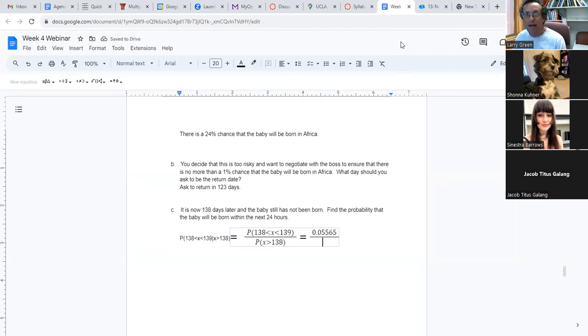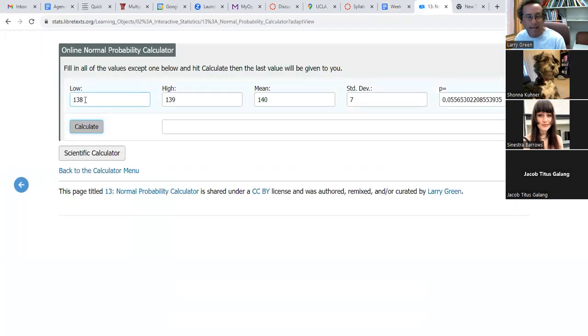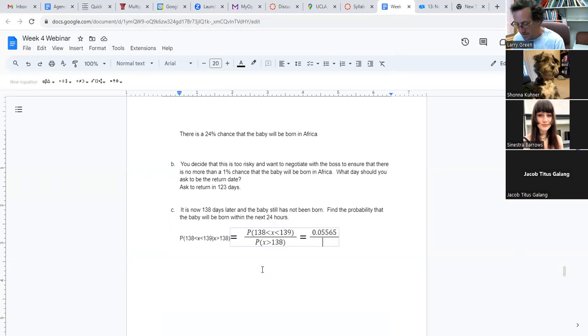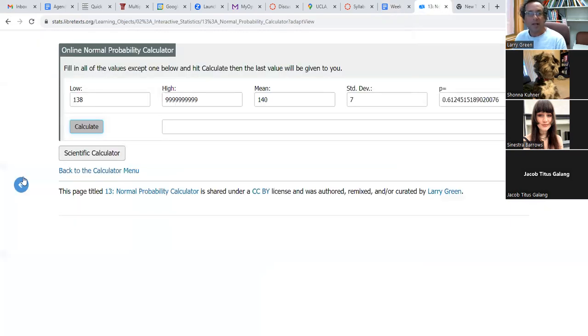And for the probability that x is greater than 138, the low will be 138, but now the high will be a bunch of nines. You can always do extra nines. So I just held 9 and let it go. That probability is 0.61245 or 0.6125. And now we just do it.